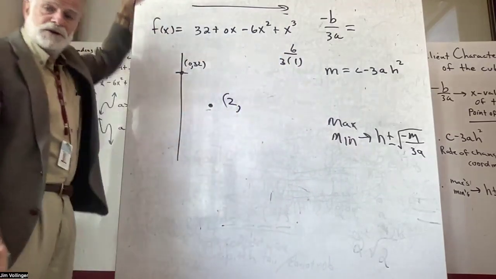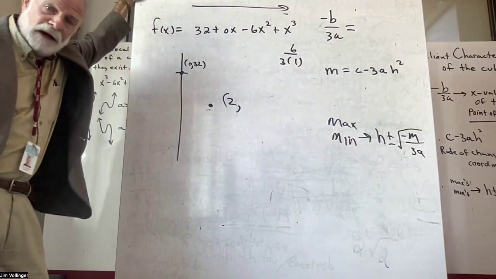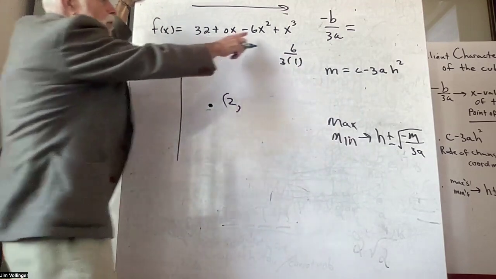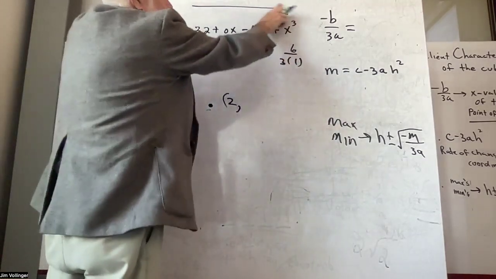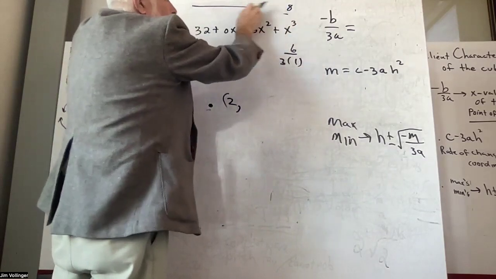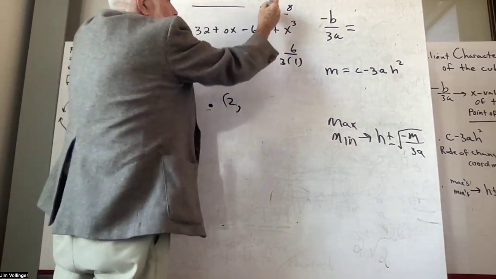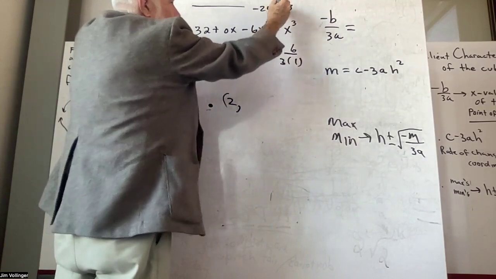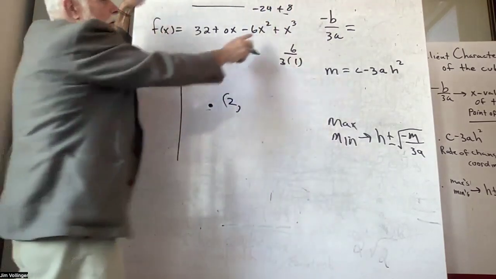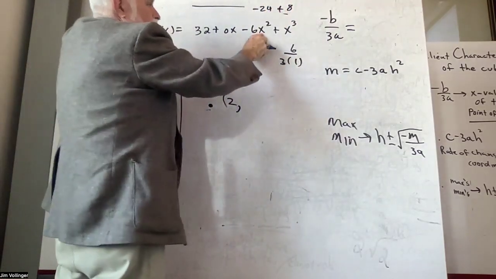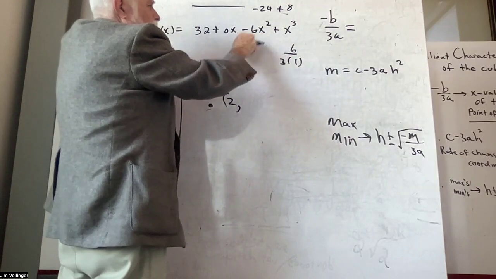Of course, it would be nice to know what that y value is. Just plug 2 in. 2 cubed is 8. Without looking, I know 3 times 8 is 24, and it's going to be the opposite of that. It's a 3 to 1 ratio. 2 squared is 4, minus 24.